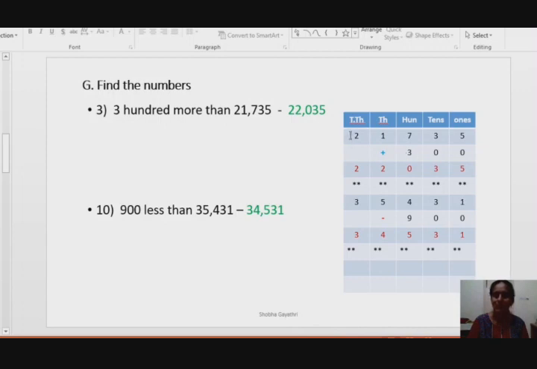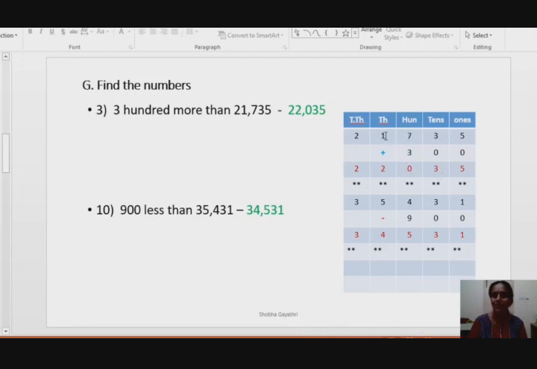That's why I have inserted a table here, write digits according to the place values. Where is hundreds place? You have to observe the hundreds place clearly. For the two numbers also write the digits. Write 3 in hundreds place and add the digits. 5 plus 0, 5. 3 plus 0, 3. 7 plus 3, 10, 1 carry over.